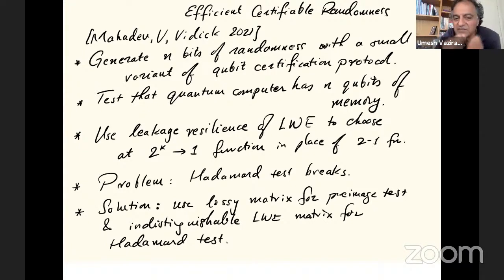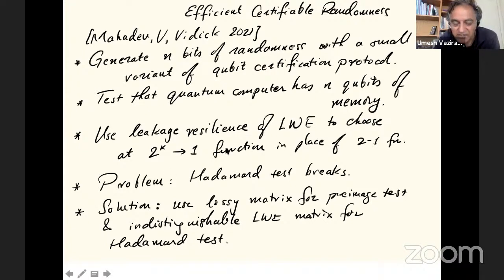It uses the leakage resistance of LWE to choose a lossy version of the LWE matrix, which is now, instead of being 2 to 1, a 2^k to 1 function, because this lossy matrix has a small rank.